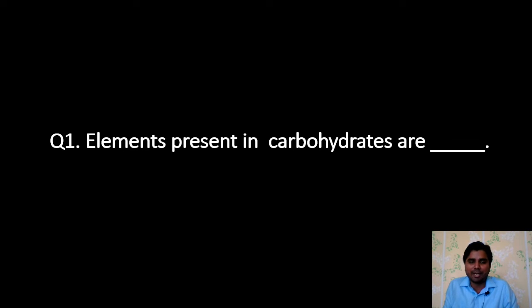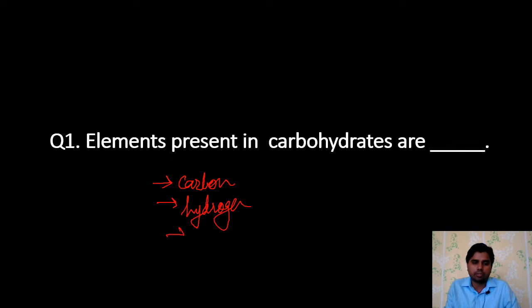Now question time, student, and I hope you can answer this question also. Yes, you can answer it. Okay, so the elements present in the carbohydrates are, what are the elements, student? They are carbon. Yes, you can also reply hydrogen and oxygen.